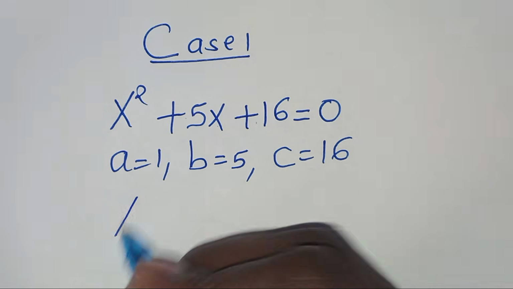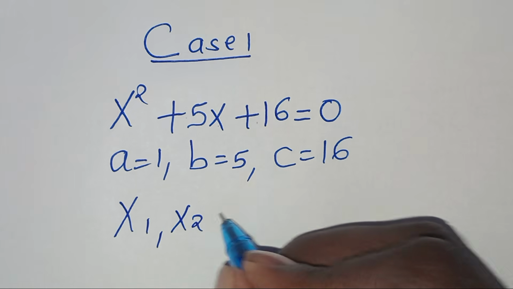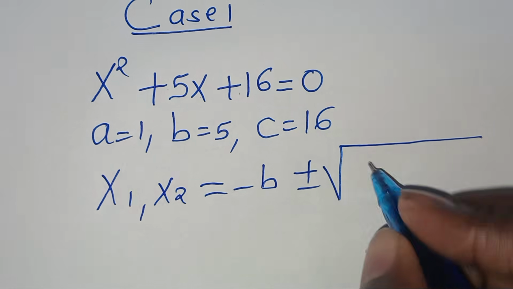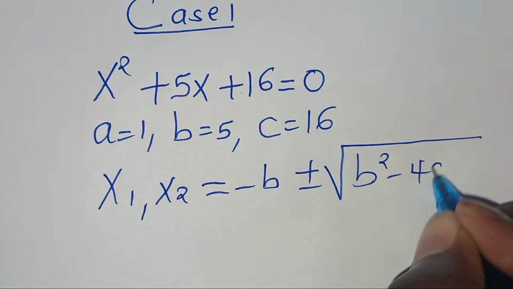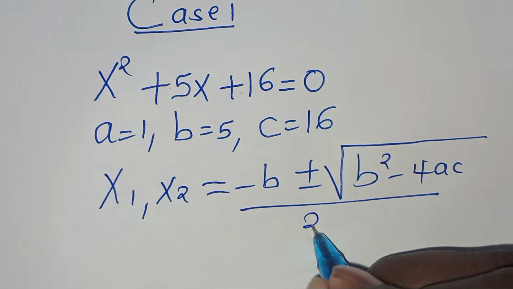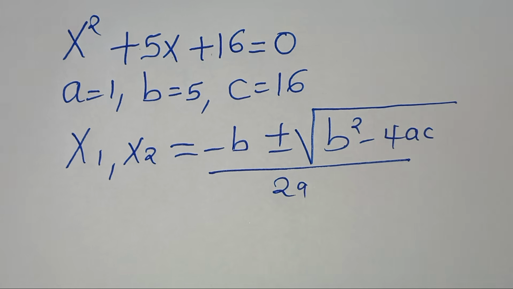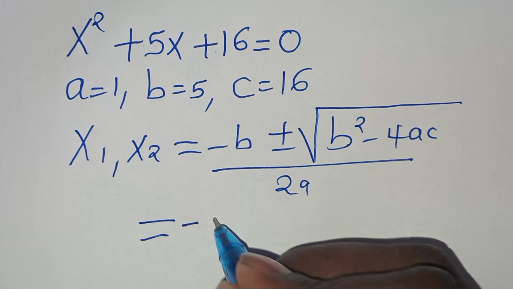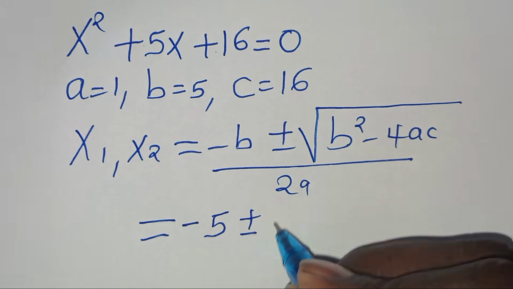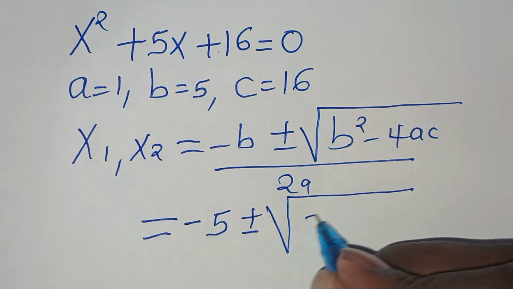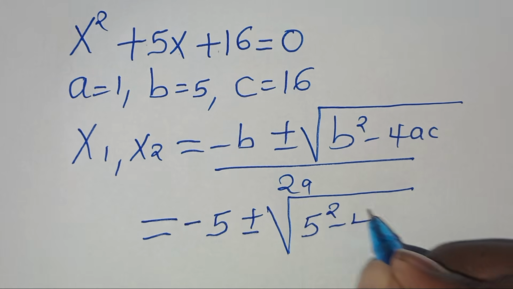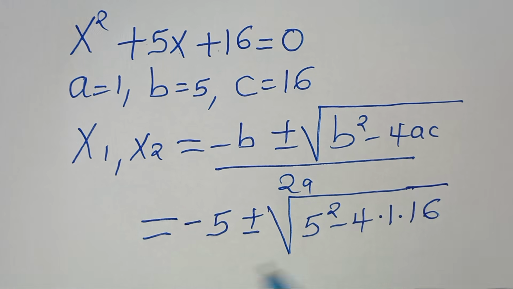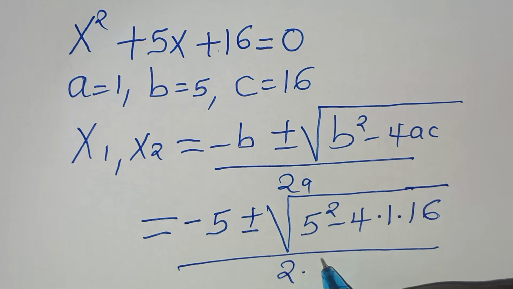Now to solve for x1, x2, let's apply the quadratic formula, which is minus b plus or minus the square root of b squared minus 4ac, divided by 2 times a. So let's substitute the values of a, b, and c, so that we have minus 5 plus or minus the square root of 5 to the power of 2 minus 4 times a, which is 1, times c, which is 16, divided by 2 times 1.